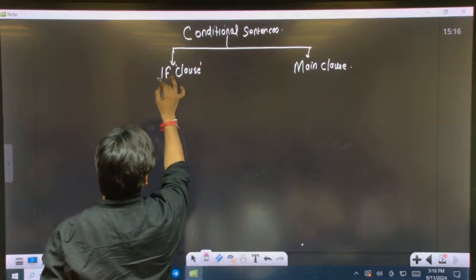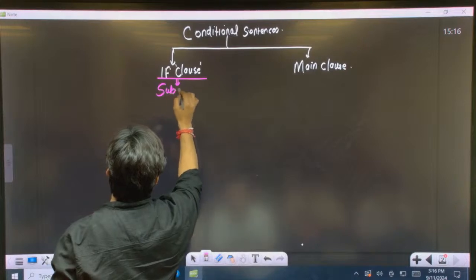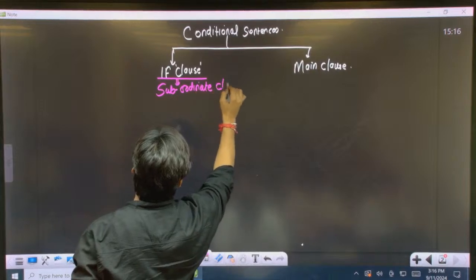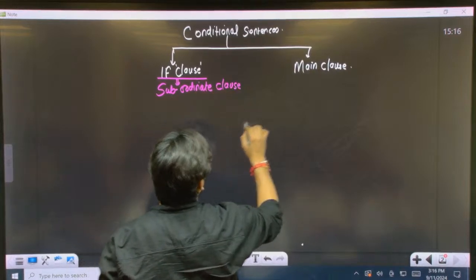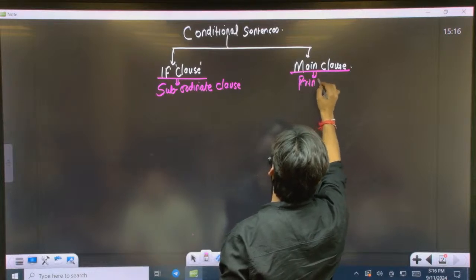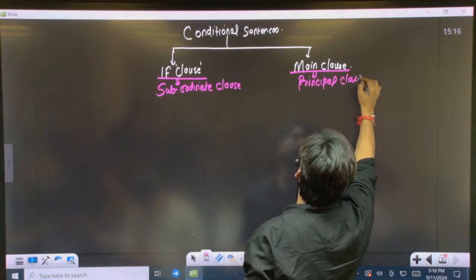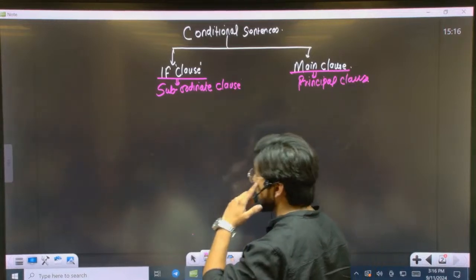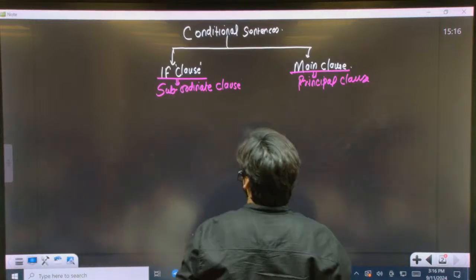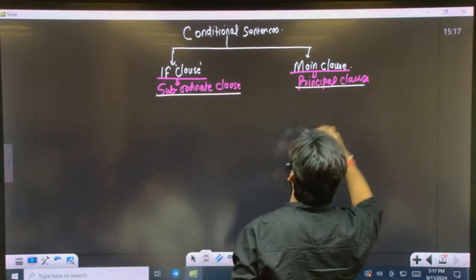The if clause is also known as the subordinating clause. And the main clause is also known as the principal clause. You might have heard all these points. Subordinating clause, subordinate clause or principal clause.